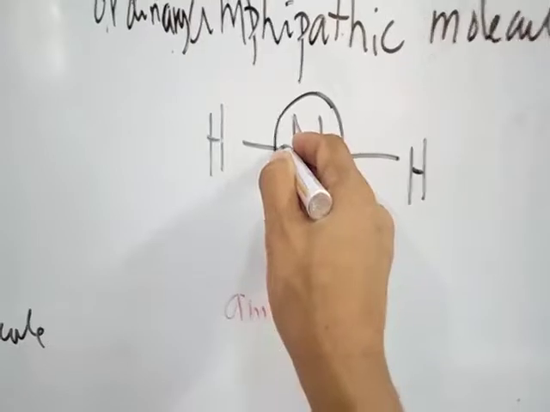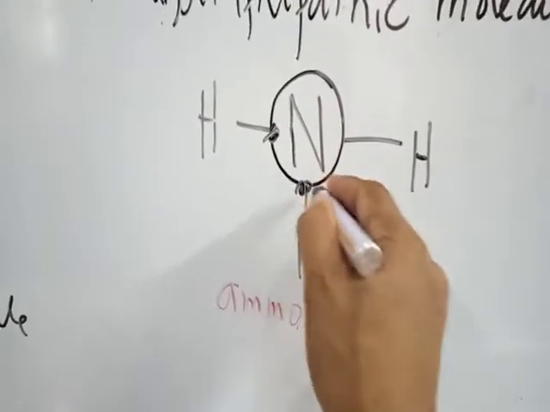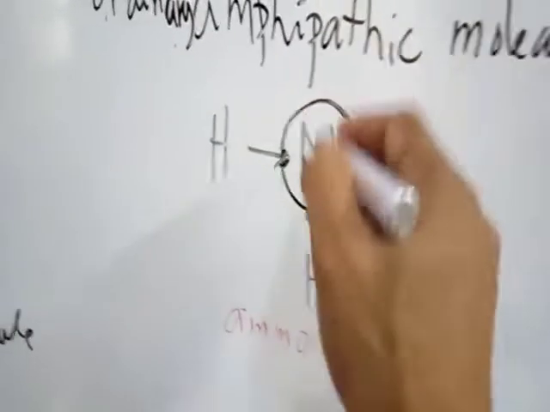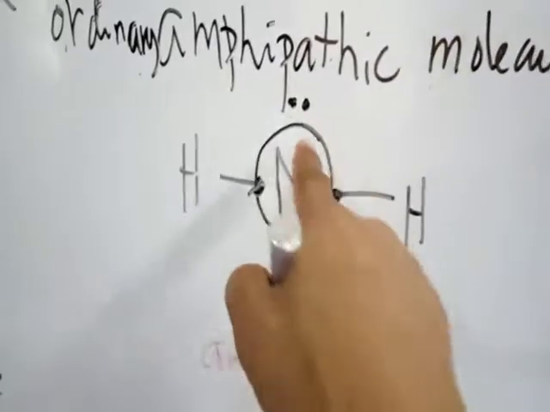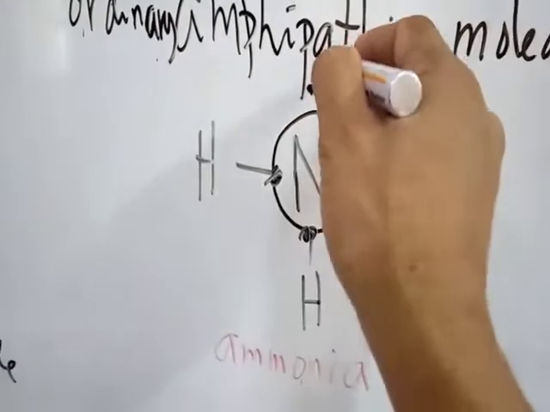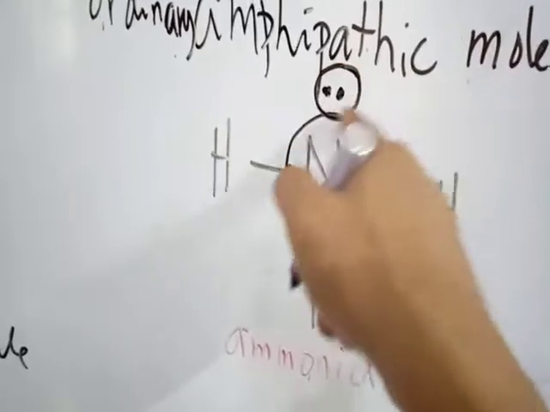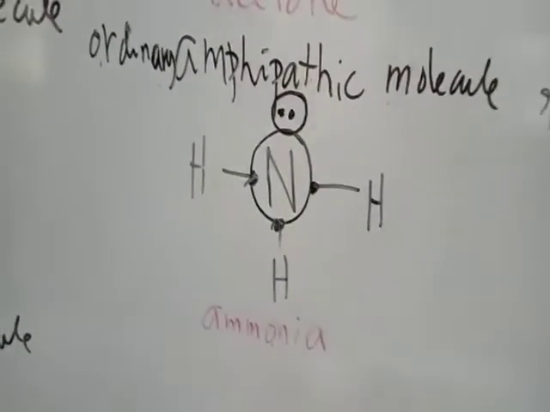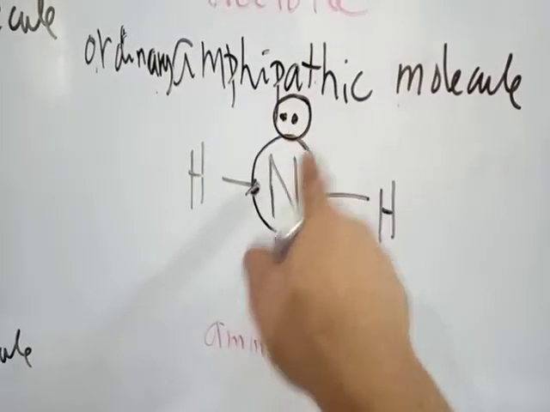I will assign one valence electron here, here, and here. I still have two more electrons. I can put them here, and they are not used for bonding. So I will encircle this to indicate that it's a pair. It's a lone pair, which means this nitrogen has a lone pair.